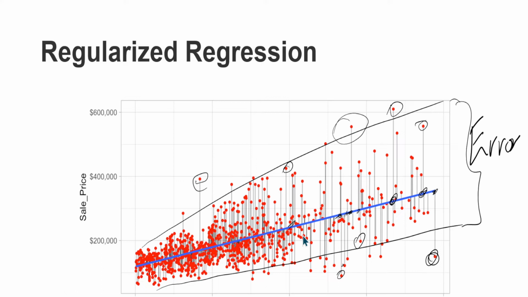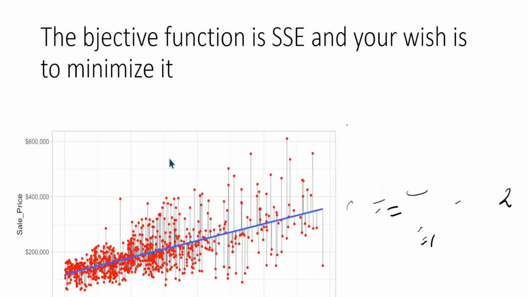Your objective function or loss function is the sum of square errors, which is calculated by a formula. Your wish is to minimize this error. That's what you want to do in your ordinary least square regression model.